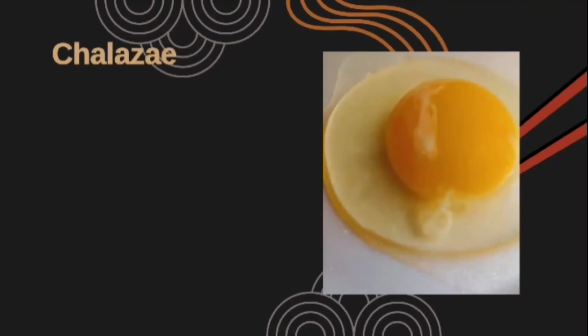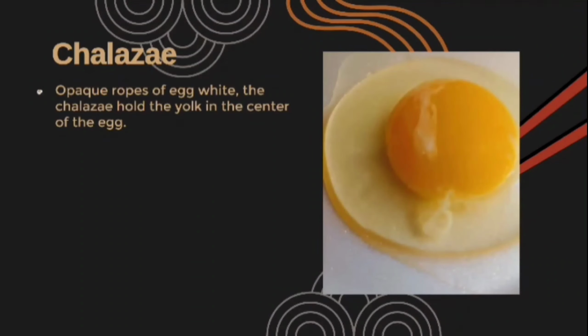Okay. Next is the Chalazae. Ano ba yung Chalazae, ma'am? Ayan. Chalazae. Opaque ropes of egg white. The Chalazae hold the yolk in the center of the egg. Siya daw yung humahawak sa egg yolk sa gitna ng itlog. So, nasa dito ang Chalazae. Ito yung kanina yung sabi ko, albumin, the thick albumin.